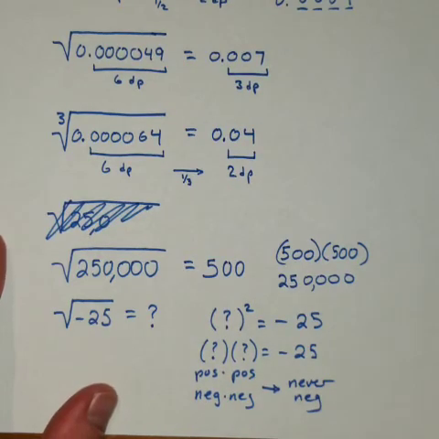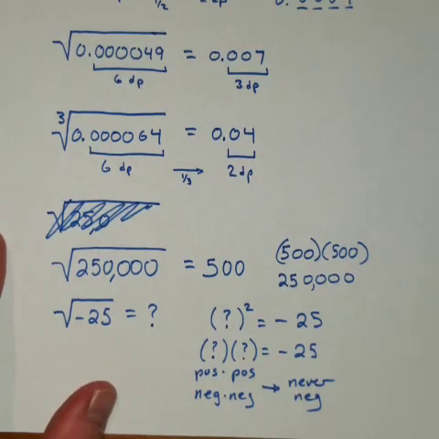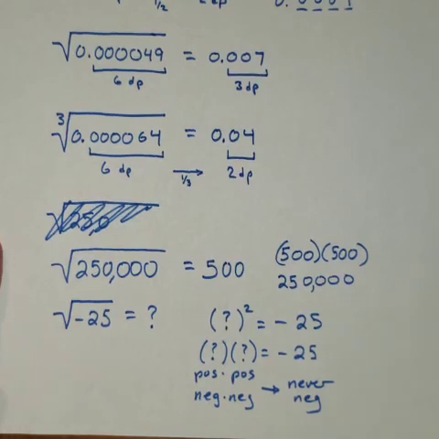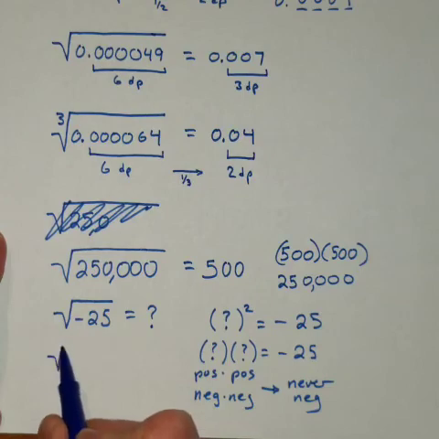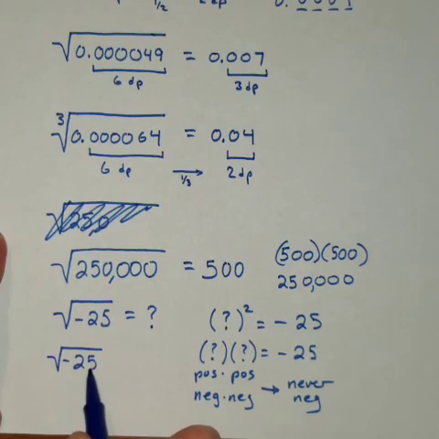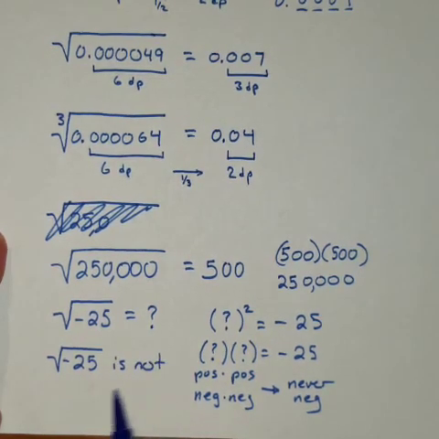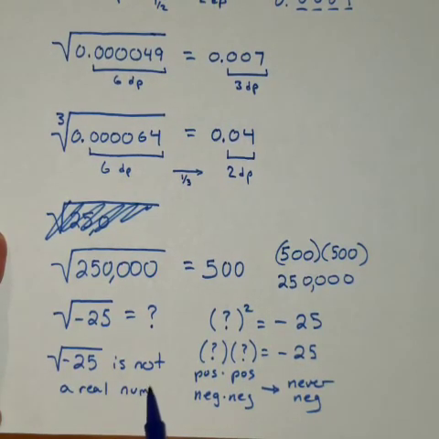So you never get a negative answer, you always get a positive. Okay? And so there just isn't a number that works there. It doesn't exist. Okay, not a real number anyway. And so we would say that the square root of negative 25 is not a real number.